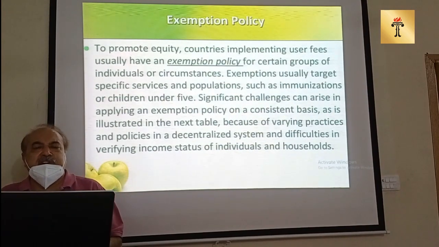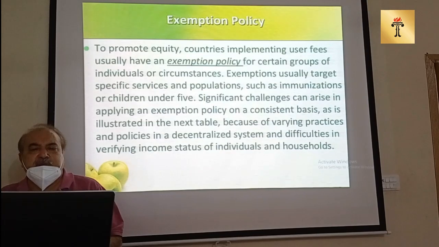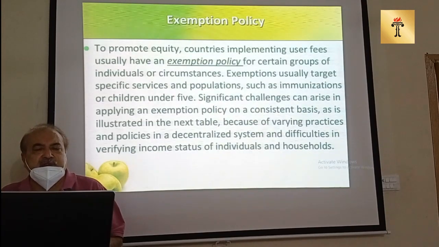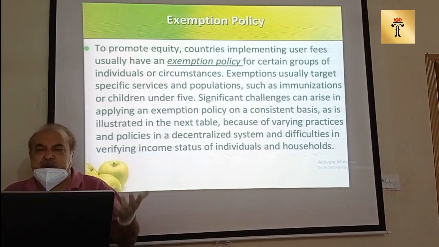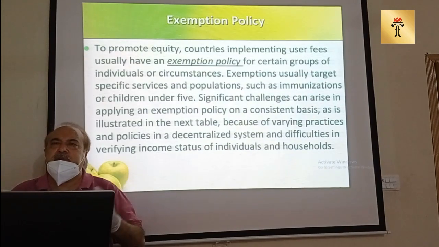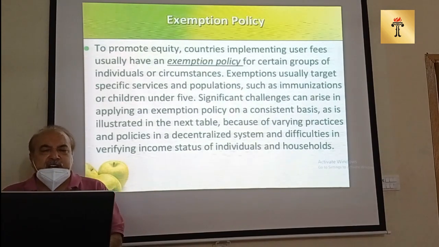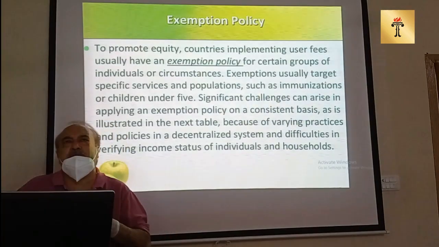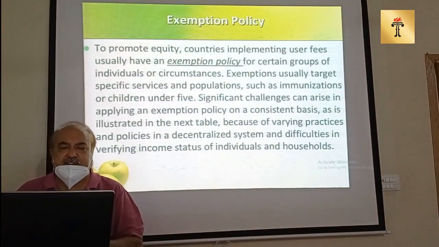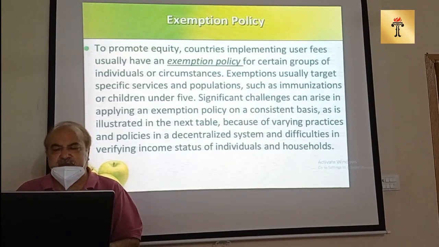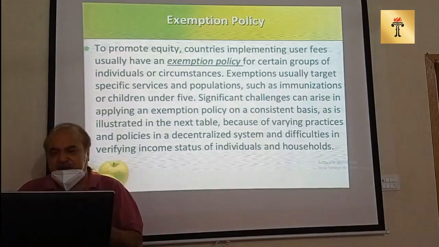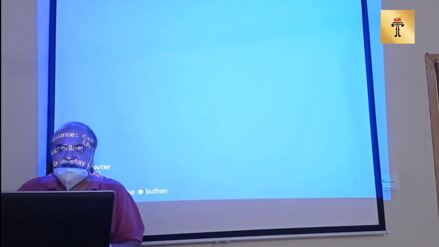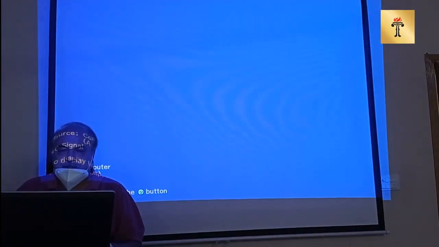So there are certain exemption policies. To promote equity, the country is implementing user fees. They have an exemption policy for certain groups of individuals or circumstances, like for the disabled, for elderly people, or for persons receiving zakat. Then there are exemptions of fees, like immunizations under 5, and certain facilities or subsidies provided by the government in some conditions.